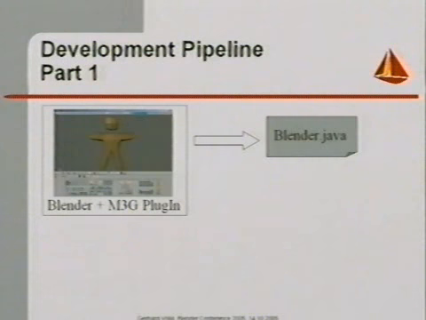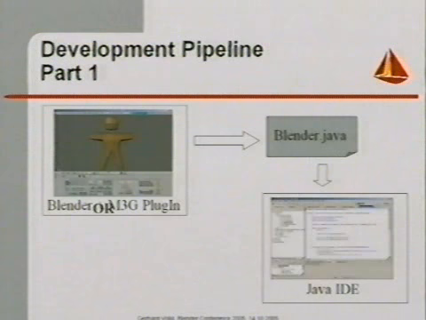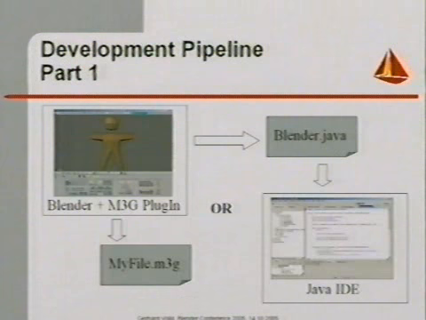It's easier for me to work with, and in the meantime some people wrote to me by email, and for those people it's easier to learn M3G, so they can see the Java code and say, okay, this is how it is done in M3G. You can export it and then use your Java IDE, or you can export the M3G file with all the information and use that in your game.